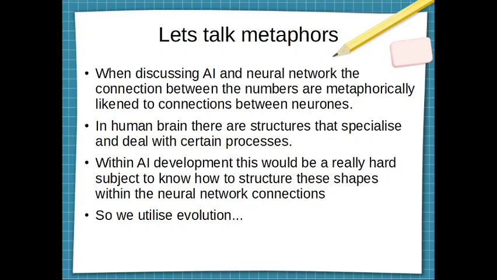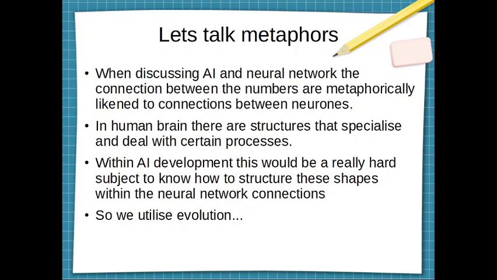I have a view that this causes problems because of the vanishing gradient, and at least one of the supposed methods of solving this is neural evolution. So the idea that you evolve connections and structures within the neural network, and this is meant to parallel the idea of how a brain itself has structures that deal with certain processes.